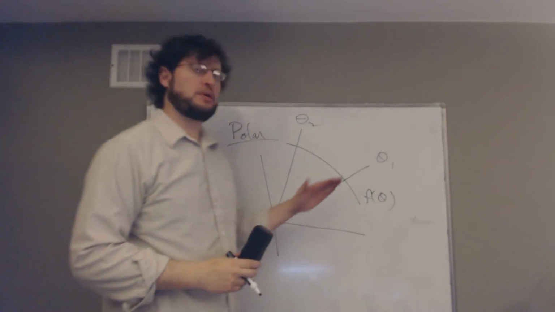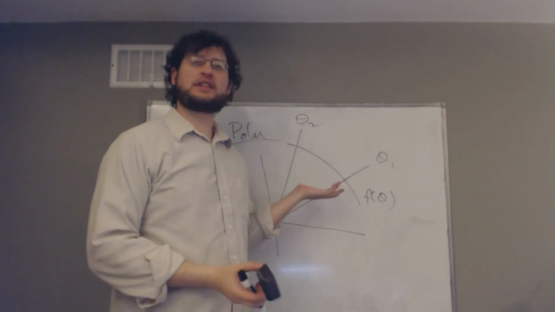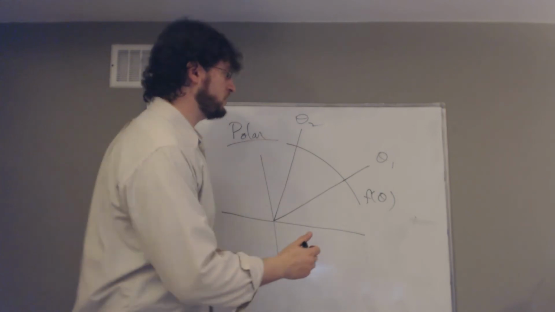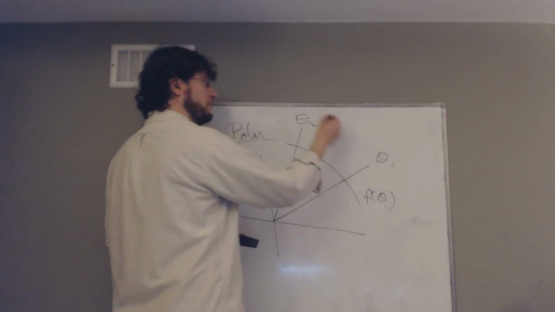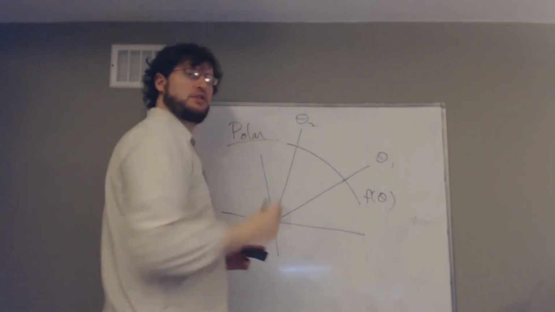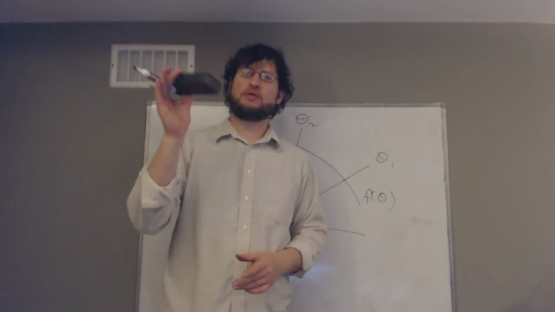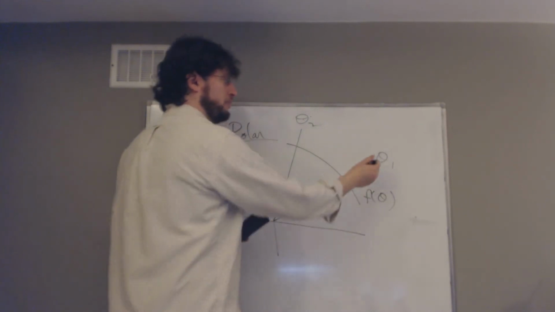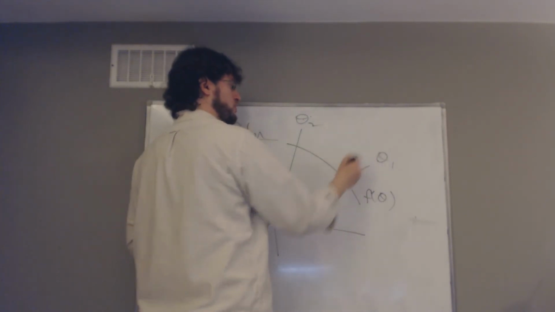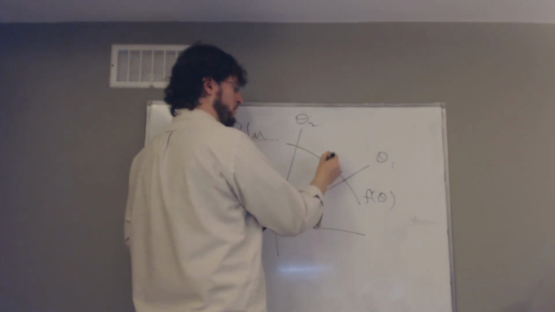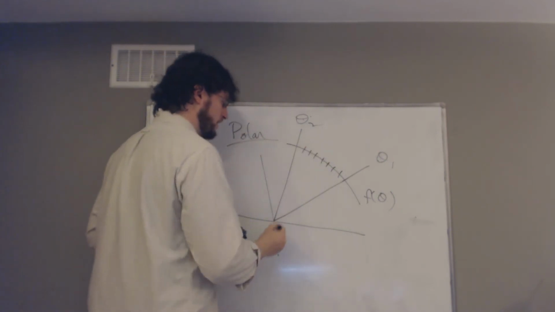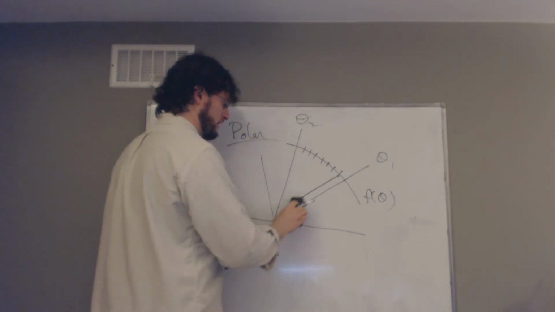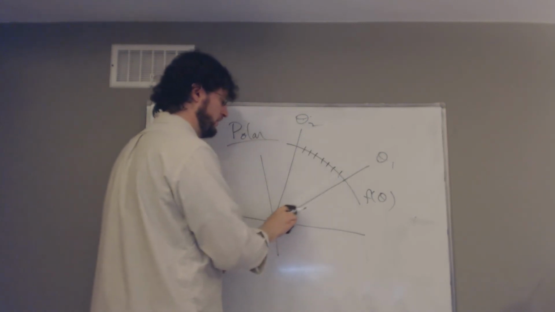And so what's happening when we break things up, we're not going to use rectangles anymore. That's the first thing. When we break things up into small pieces, we're going to think about moving from theta 1 to theta 2. In the Calc 1 situation, we move from x1 to x2 by jumping. So if I go from theta 1 to theta 2 and I jump like this, what I get is not rectangles anymore, but these small things that look like pieces of a pie.